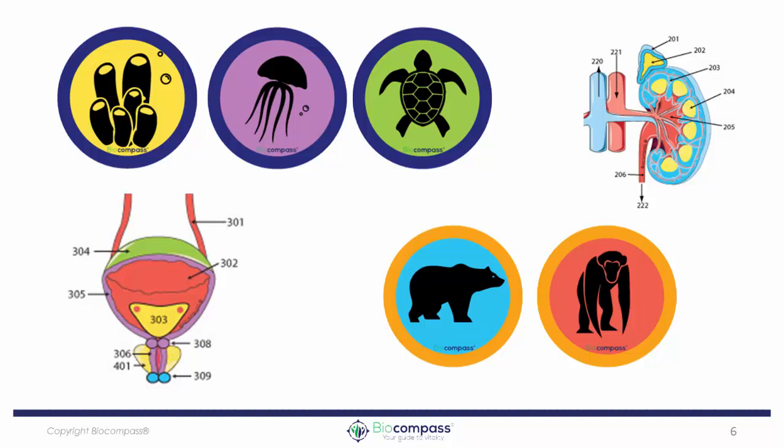The purple areas are all the jellyfish types of tissues. You see them in the muscles of the bladder, which is jellyfish tissue. The green colors in the organ charts are turtle type tissues, which is more the outside layer, the protective layer. Blue areas are bear tissues and red areas are chimp tissues.